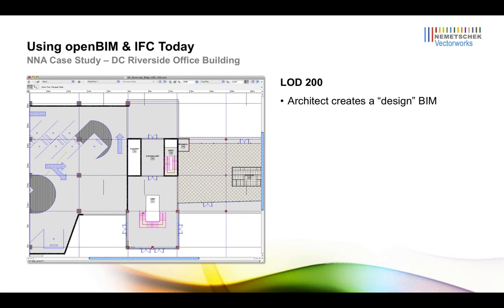Well, I think realistically what we see is a hybrid process going on right now in which not only do we share IFC files for coordination, but we also have to share, unfortunately, DWG, but there is no other open alternative, to coordinate the 2D output or drawing information.